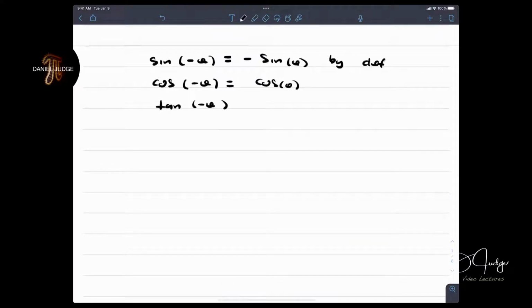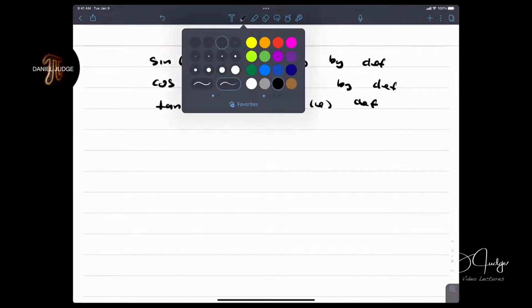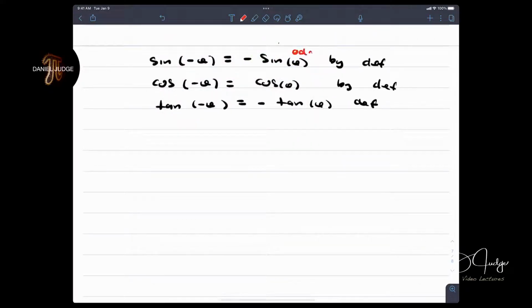Tangent of minus theta is minus tangent theta. I've actually proved all of these here for you. This was done by a circular function argument when we talked about even and odd. Sine is odd, cosine is even, tangent is odd. So we've looked at those by definition.